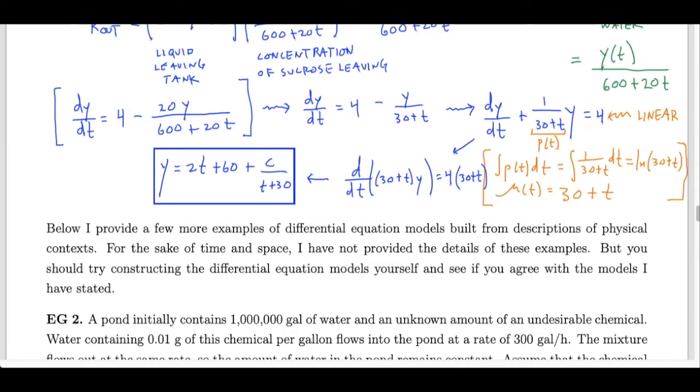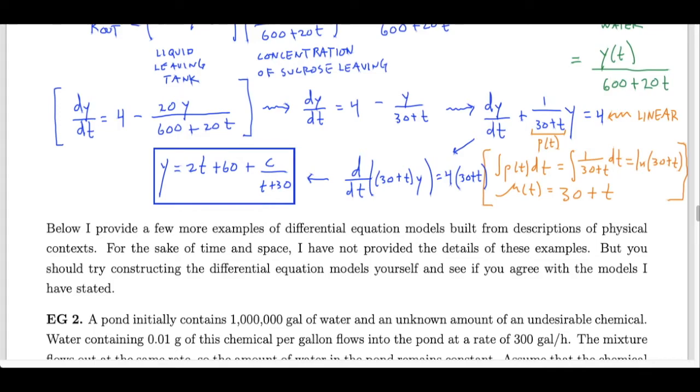By solving the differential equation, we get a function which does directly model our quantity of interest in terms of the independent variable. So now I can directly calculate sucrose amounts in the tank at a specified time. Both our original differential equation model and our general solution here are correct models. They just have different natures. To distinguish between these types of models, I'll sometimes refer to a general solution like this as a function model.